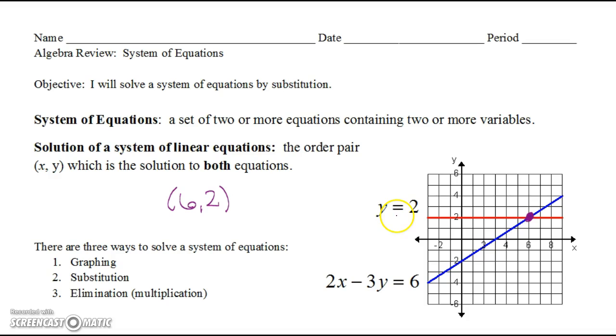And when you plug in y is 2, that satisfies. And when we plug into the second equation, 2 times 6 is 12, 3 times 2 is 6, 12 minus 6 is 6. So this is the one solution that satisfies both equations.